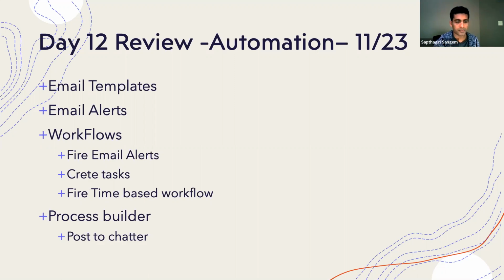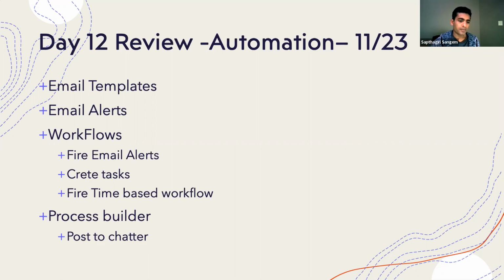When you start with process builder, you select the object, and then the conditions. Let's say someone updated or created an account record. Based on that condition, you can say, whenever someone creates an account, do this: create a task, create an email alert, or maybe create an opportunity.